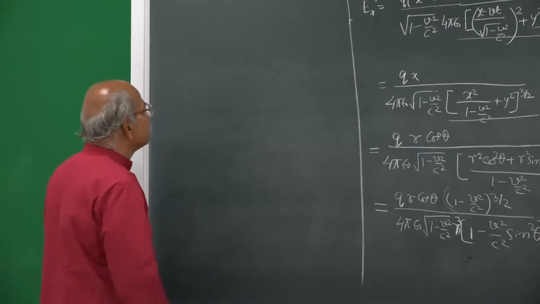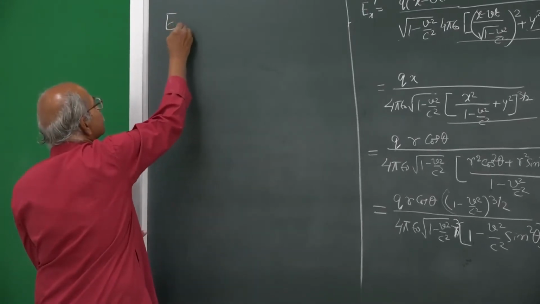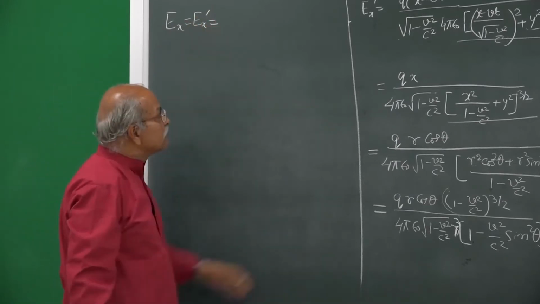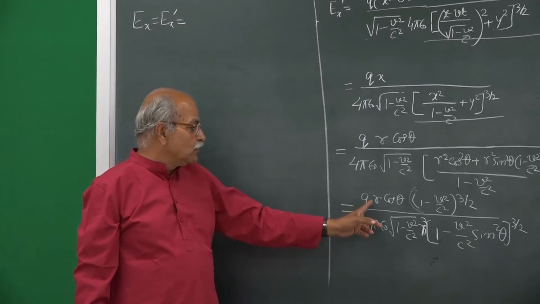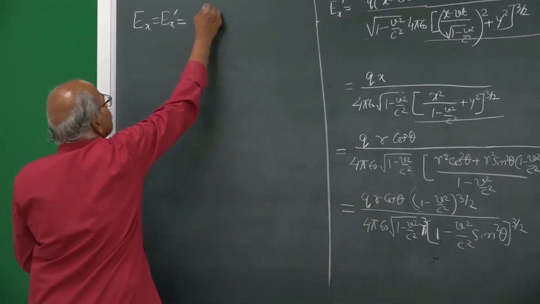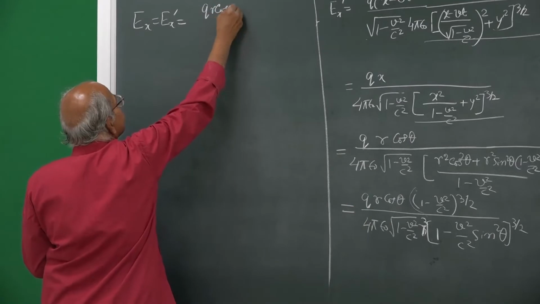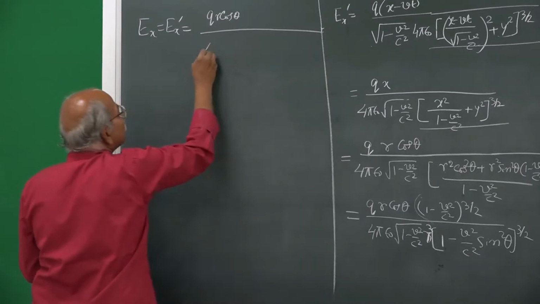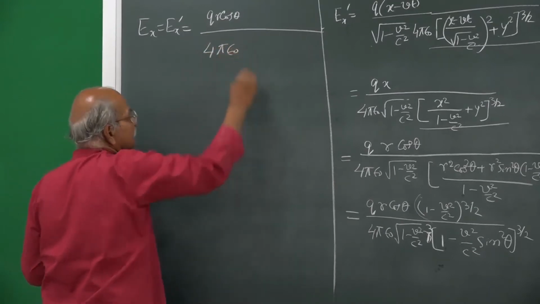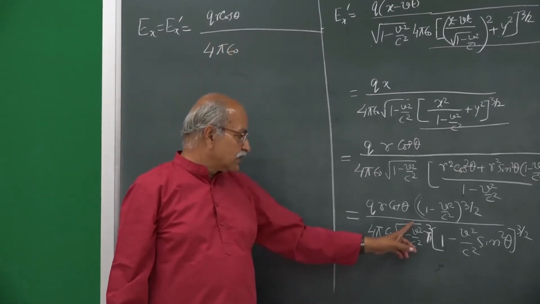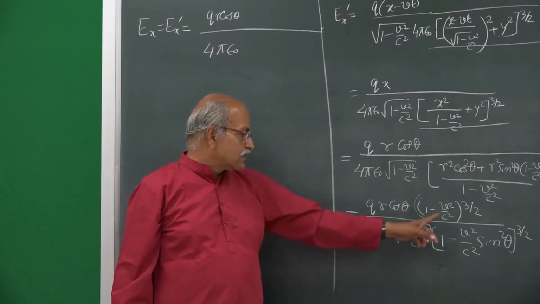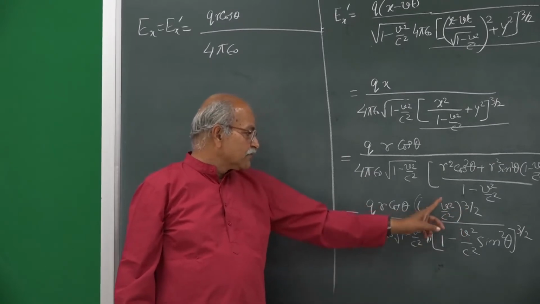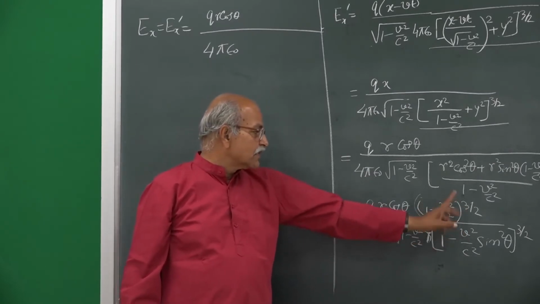So, our x component Ex, which is same as Ex prime, which is here. So, I can write q r cos theta divided by 4 pi epsilon naught, and this factor here square root of 1 minus v square by c square, and this factor here (1 minus v square by c square) power 3 by 2. You can simplify, this will be 1 minus v square by c square in the numerator.